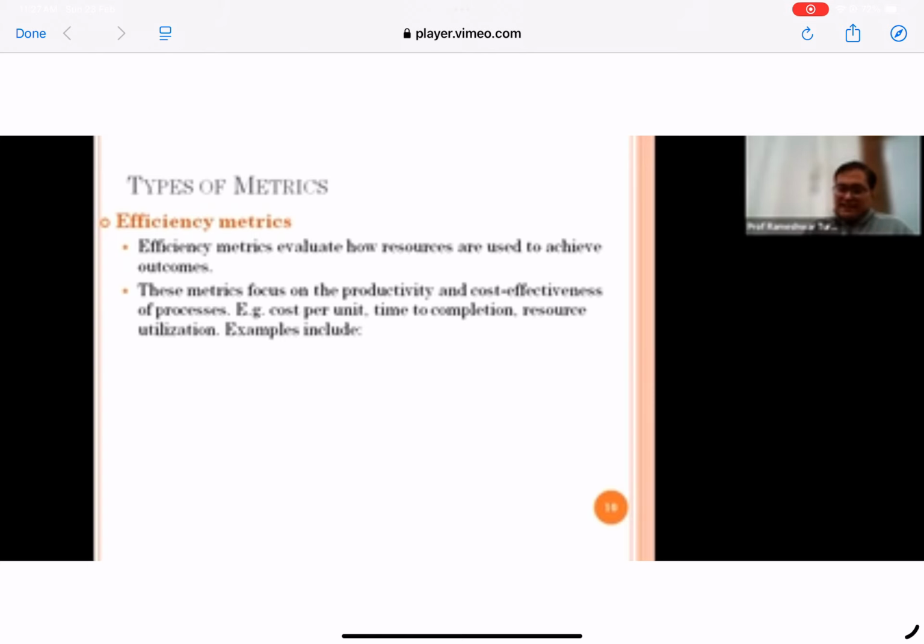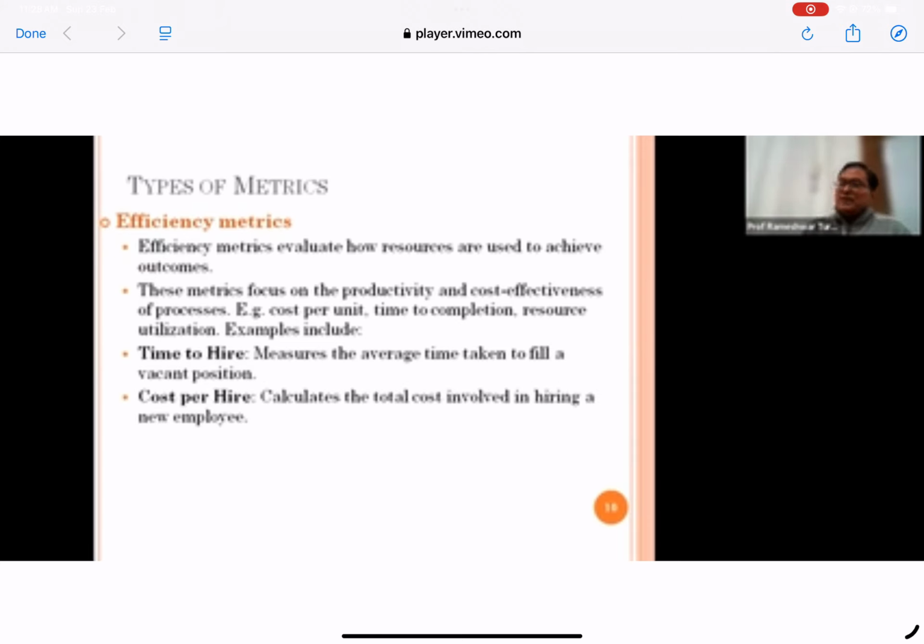In HR, examples include time to hire. Time is one of the resources, and this measures the average time taken to fill a vacant position. And cost per hire, so money is another resource.